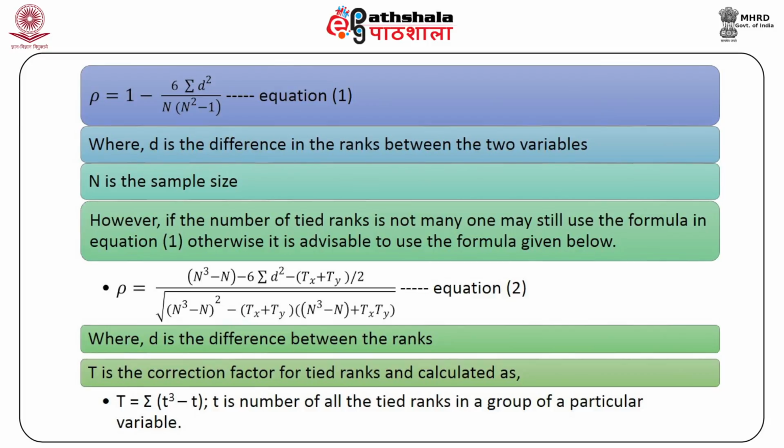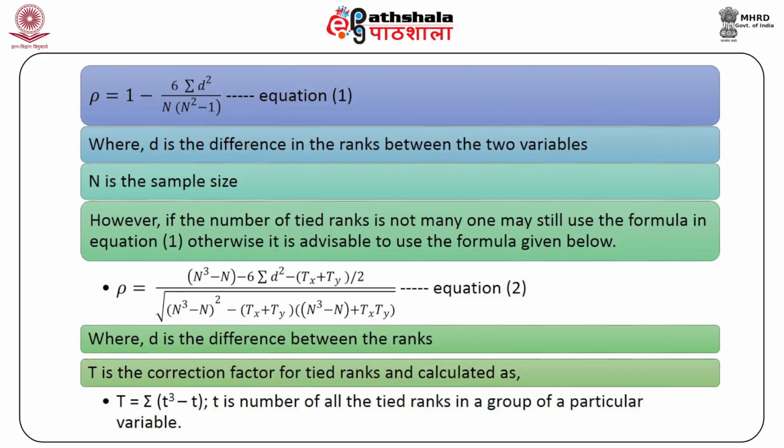Rho is equal to 1 minus 6 sigma d square upon n into n square minus 1, where d is the difference in the ranks between the two variables, n is the sample size. This equation is numbered as 1.